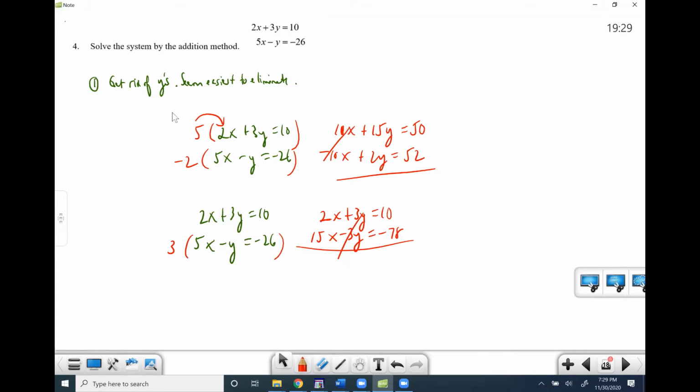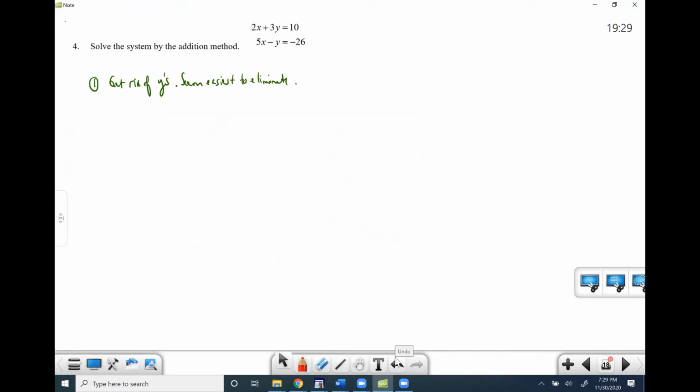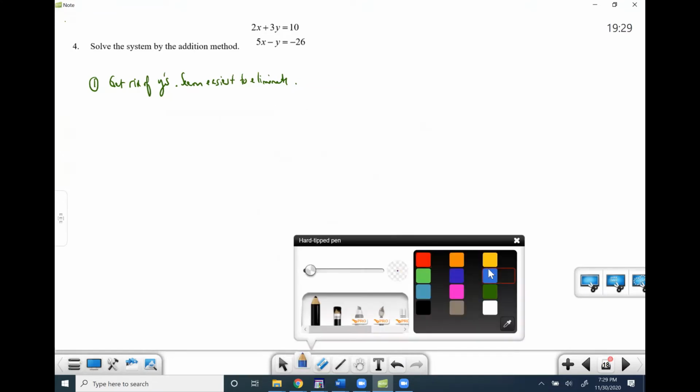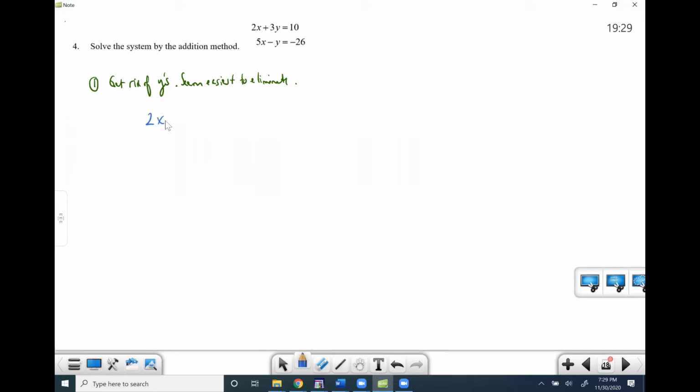All right, I just want to make sure everybody understood that. Now, let's actually legitimately do it. All right, so we have our two equations. And we decided if we're going to get rid of y's, that I have to turn this into a -3.